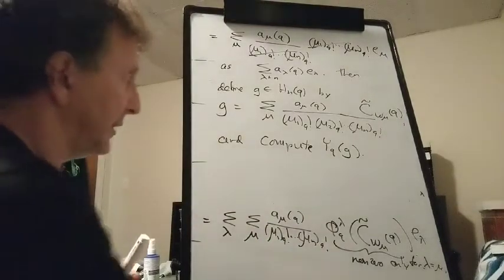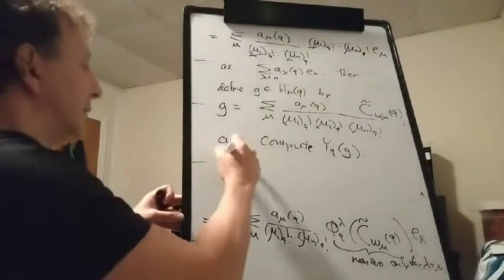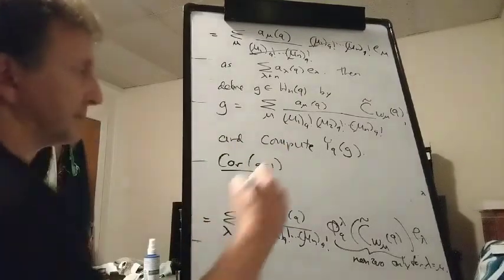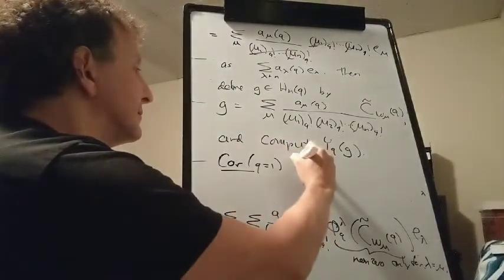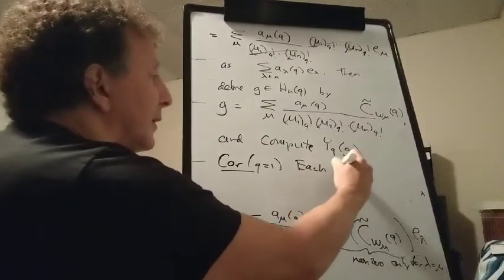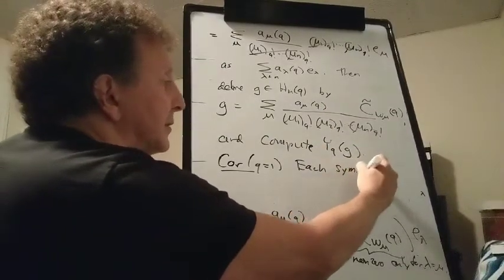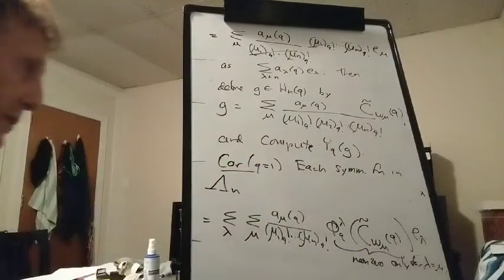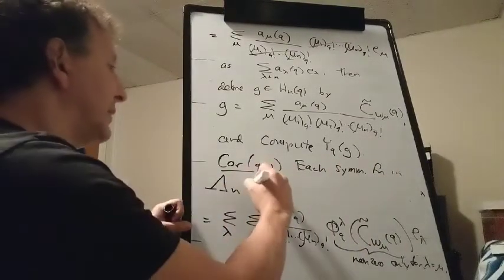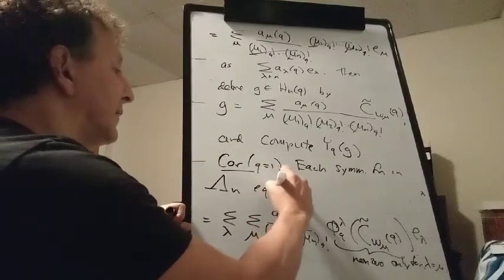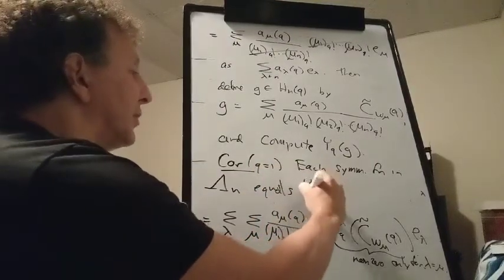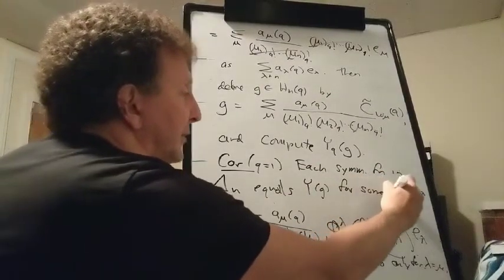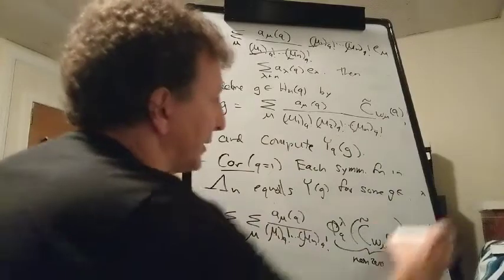So as a corollary, we plug in q equals 1. Each symmetric function, which is homogeneous of degree n, equals y of G for some G in the symmetric group algebra.